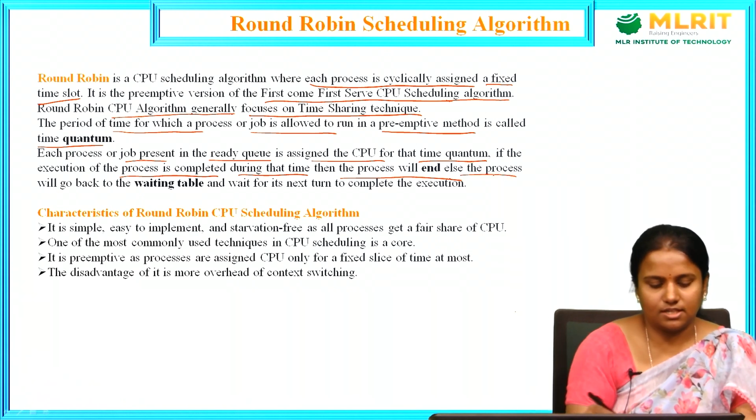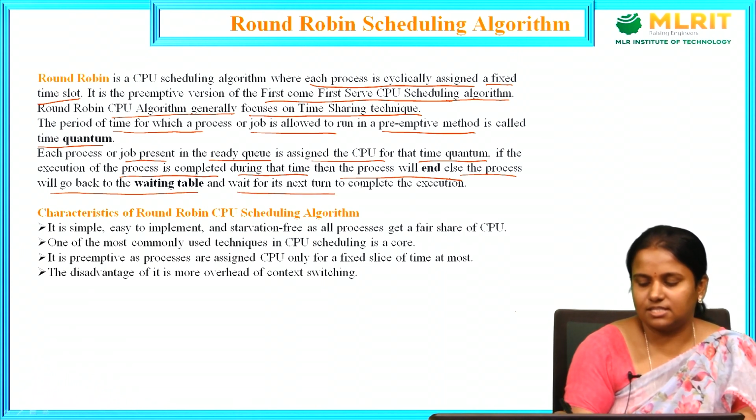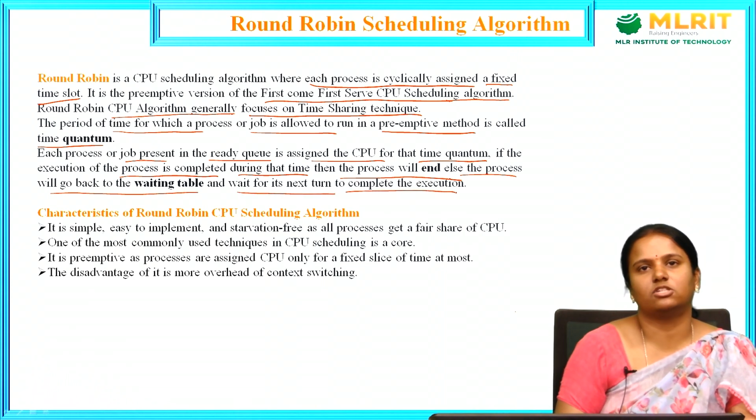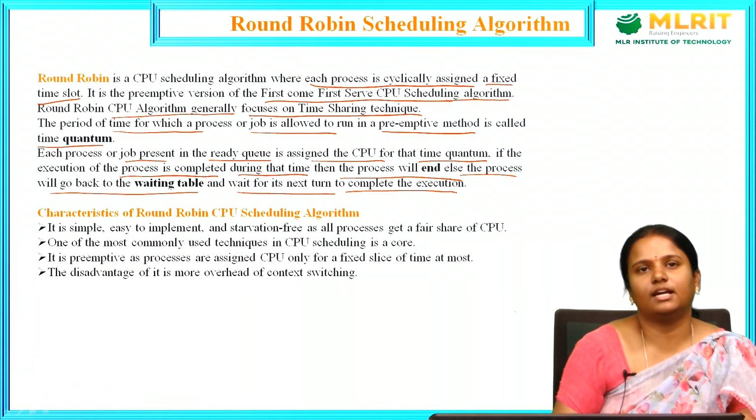Else the process will go back to the waiting queue and wait for its next turn to complete its execution. Until it gets its turn, it cannot complete its execution.